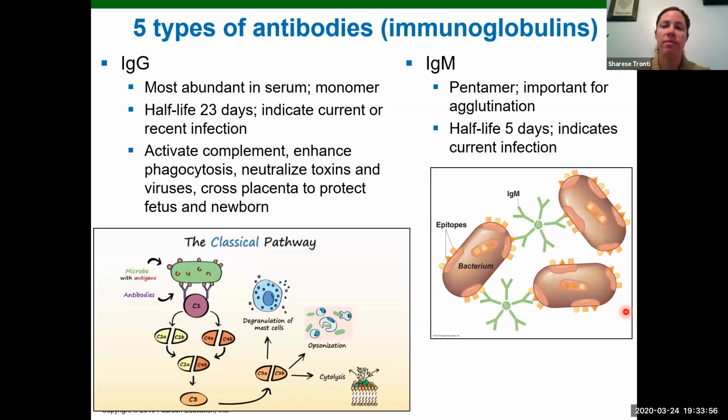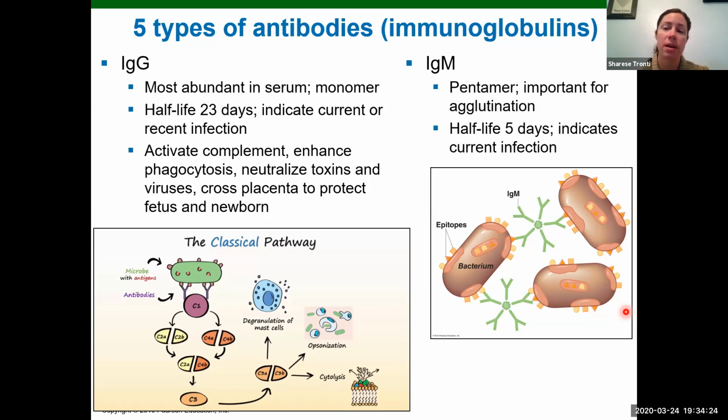So there's 5 different types of antibodies. IgG. IgG is the most abundant, and it is a monomer. Monomer just means that it's one of those Y-shaped antibodies by itself. We see IgG in complement, enhancing phagocytosis, neutralizing toxins and viruses.